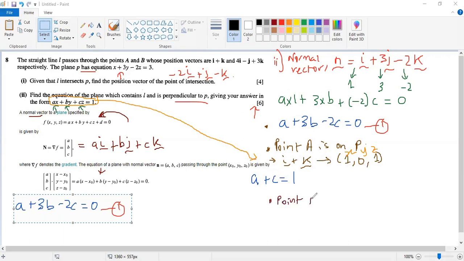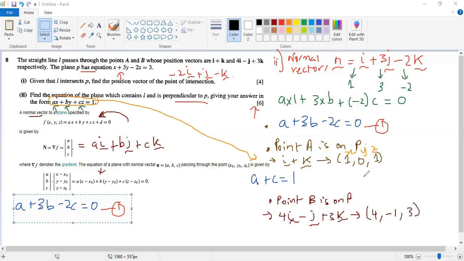For point B, let's do it together. It is on the plane and the line, so it satisfies both equations. Therefore, if its position vector is 4i minus j plus 3k, then its coordinates, the x, y, z coefficients, are 4, -1, and 3.